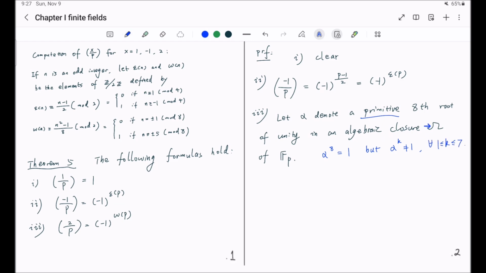But in the algebraic closure omega, we can see immediately that alpha to the 4th power is equal to -1. This is because in the algebraic closure omega, this equation has 2 solutions, z equal to plus minus 1.